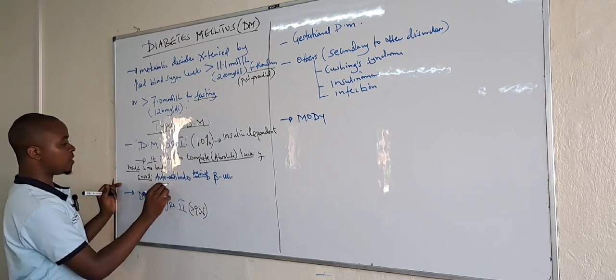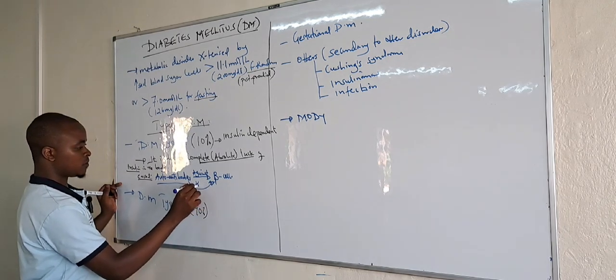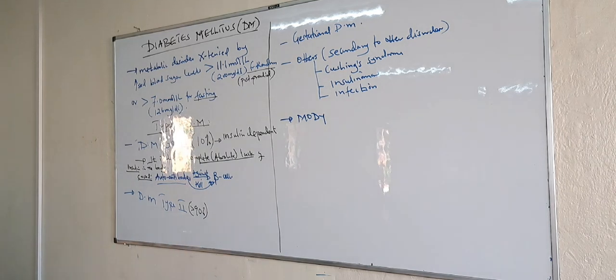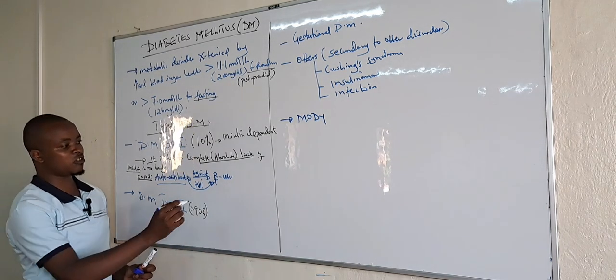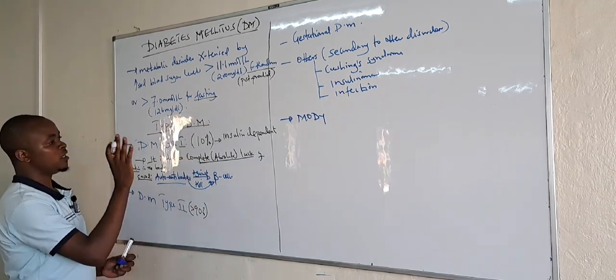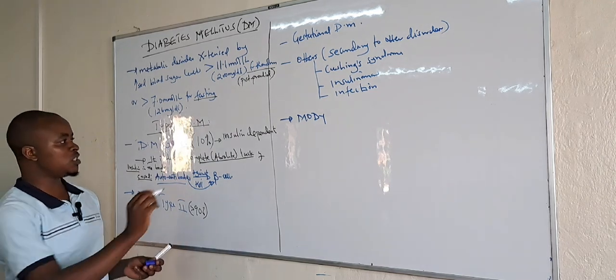These antibodies kill or destroy the beta cells, which are responsible for production of insulin, leading to complete lack. So that's why we say it is 10% in the population, and we say it is insulin dependent.